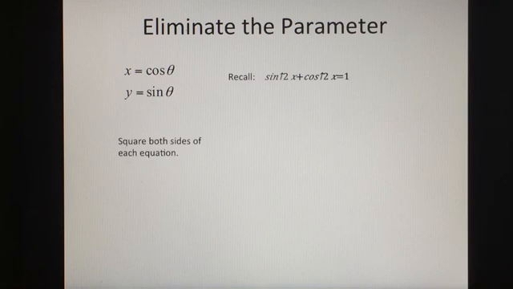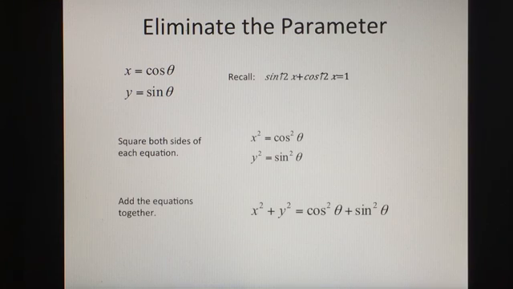So, first step, square both sides of each equation. We've got x squared equals cosine squared theta, y squared equals sine squared theta. When we add those equations together, we end up getting x squared plus y squared equals cosine squared theta plus sine squared theta. Well, using that rule from pre-calc, we know then that x squared plus y squared equals 1. So now that theta is completely gone, we eliminated that parameter. This is something we can look at.